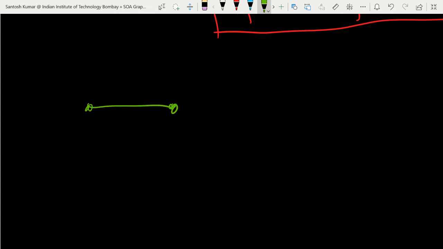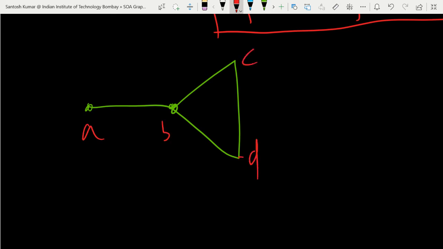You can draw any graph, any planar graph actually. Is it planar? Yes, sir. Again, N is the number of vertices, E is the number of edges, and F is the number of faces.